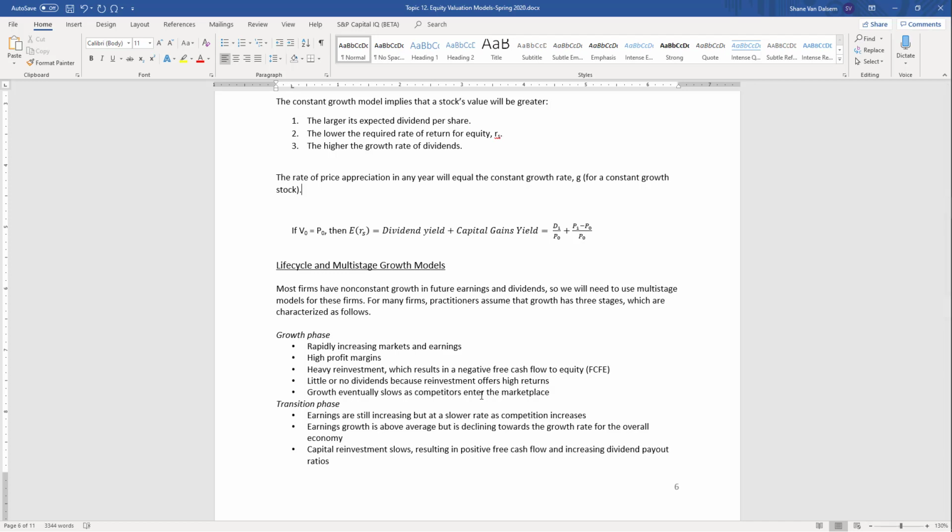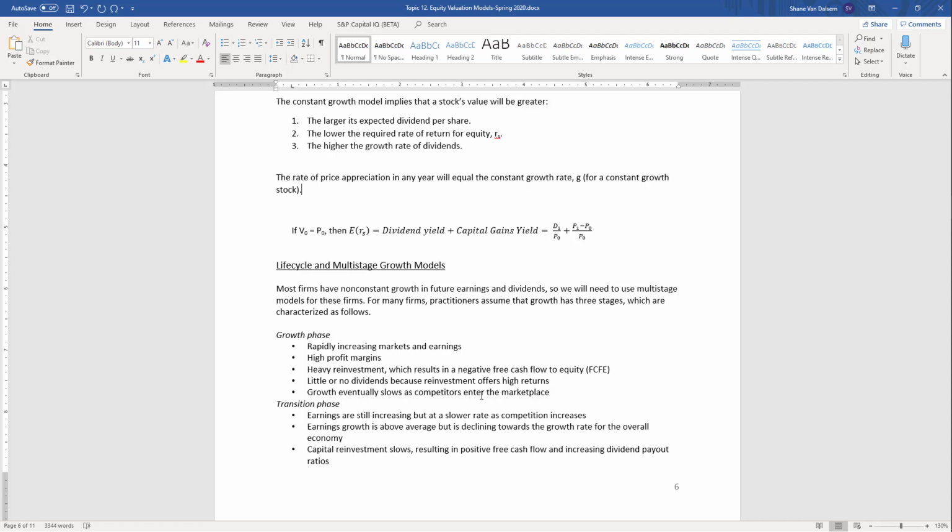So there's not cash available to pay out to stockholders. There's little or no dividends because reinvestment offers high returns, so putting the money back into the company generates higher returns for those investors, and growth eventually slows as competitors enter the marketplace.